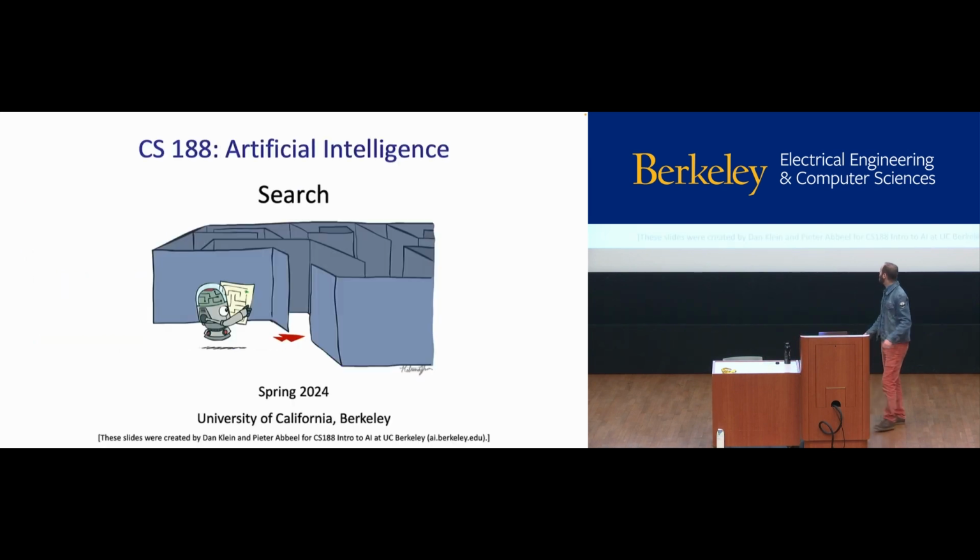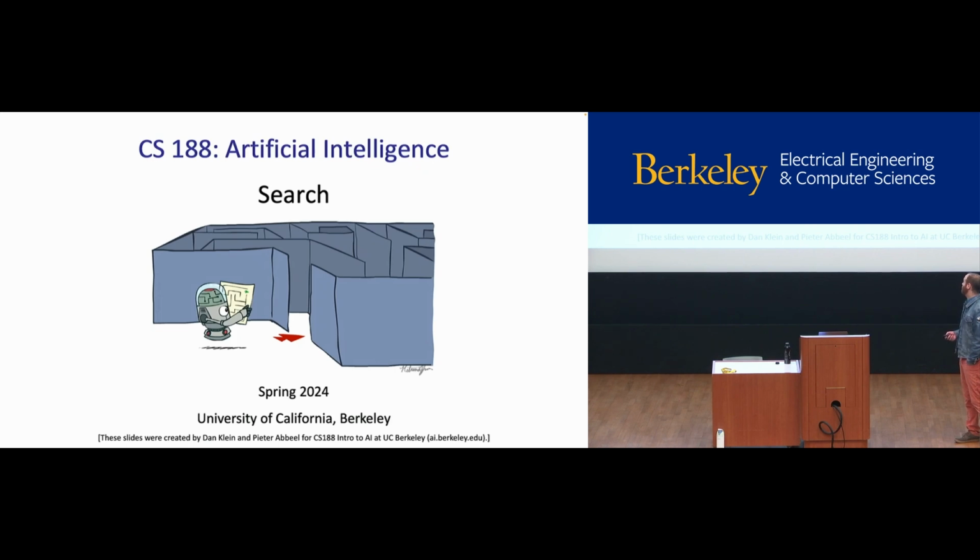So the first topic is search. So last time Cam was talking to you about how a key part of artificial intelligence is trying to accomplish things. There are lots of ways that you can try to do things, and only some of those ways will get you to the outcomes you seek.